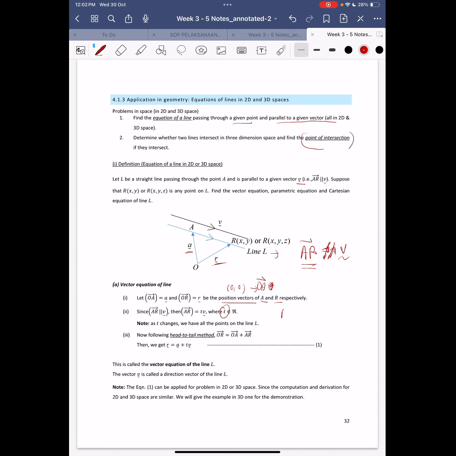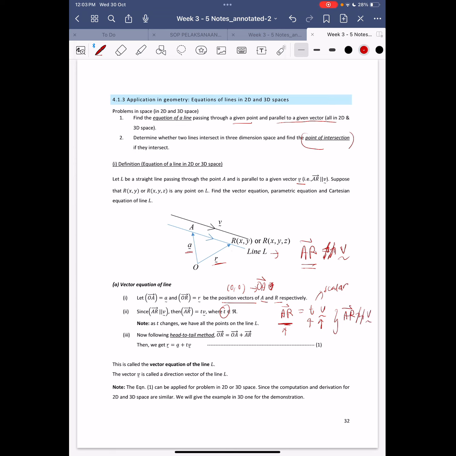So I can express AR as equal to tV, where t is a scalar. It means that as the t value changes, we get all the points on L. Bear in mind, this can only be expressed if the AR vector and V vector are parallel to each other.